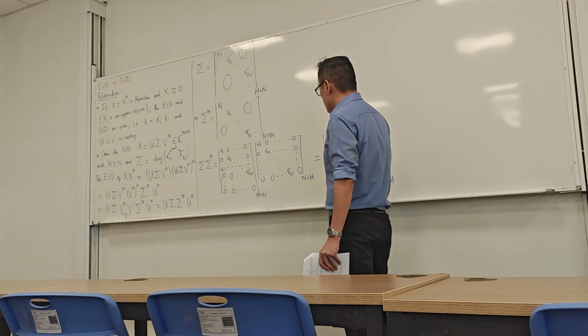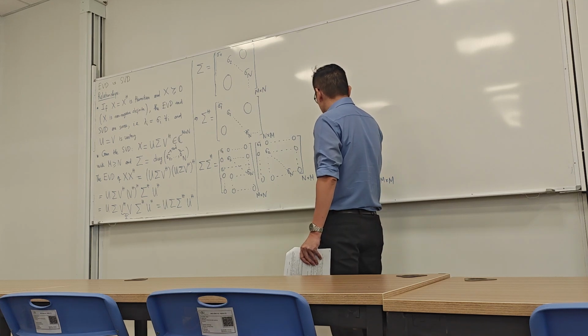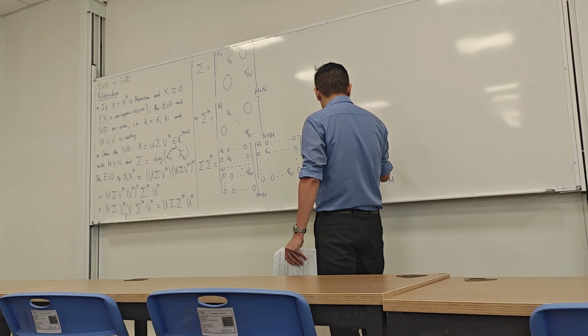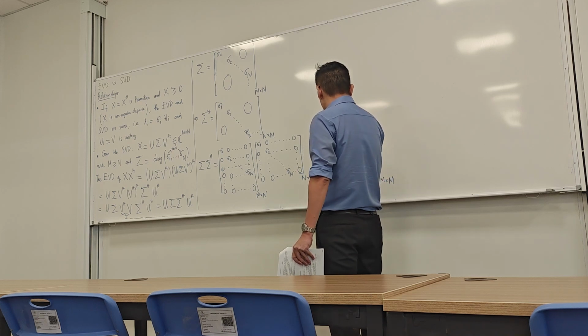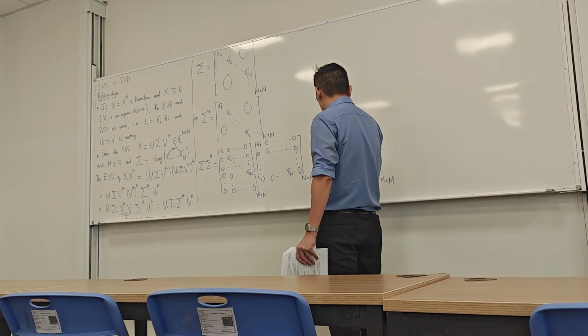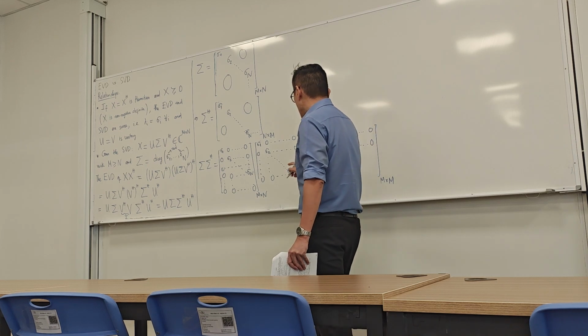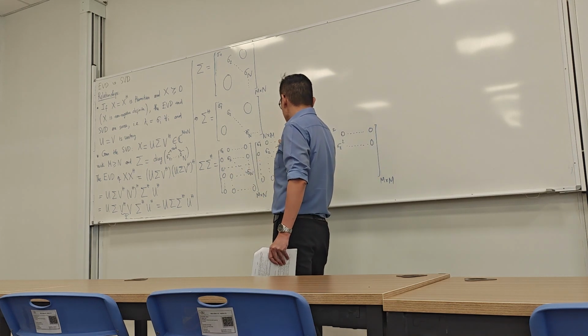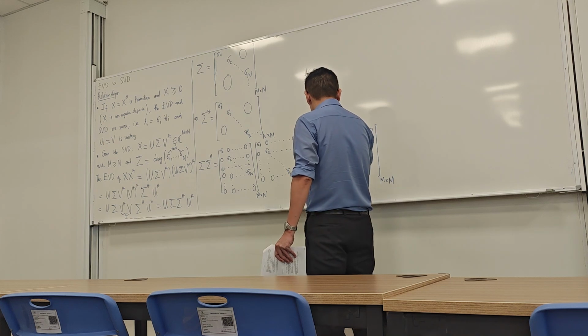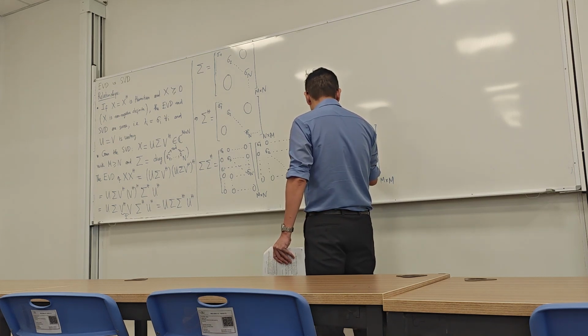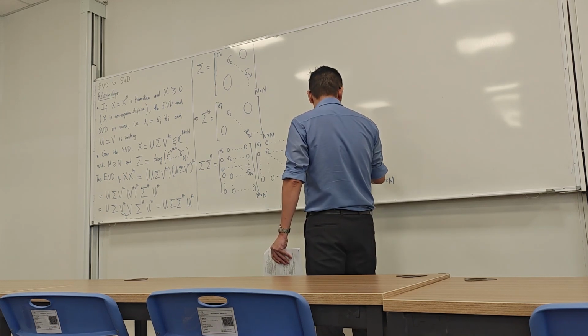The second one is sigma 2 square, and all 0. Go on, and the last one is sigma n square, and all 0 here.